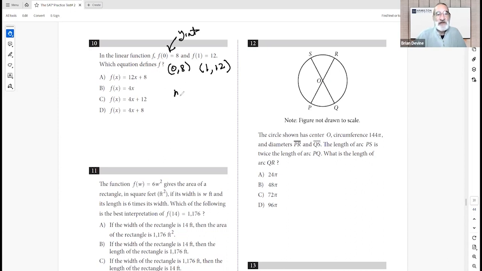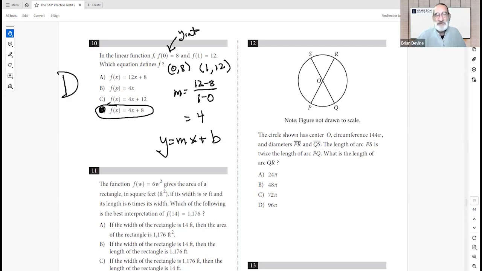So the slope is going to be 12 minus 8 over 1 minus 0, which equals 4. Comparing that to the slope-intercept form, y equals mx plus b, we just plug in 4 and 8, and D is the correct answer.